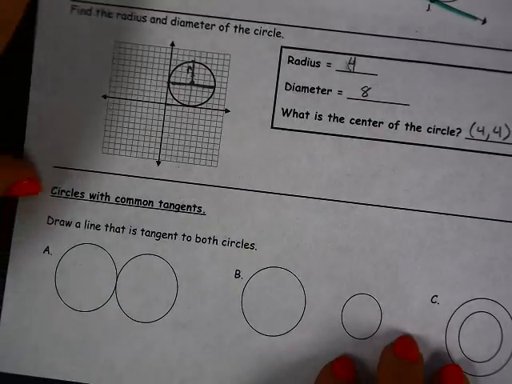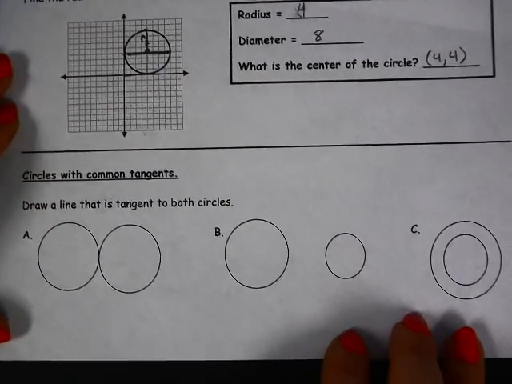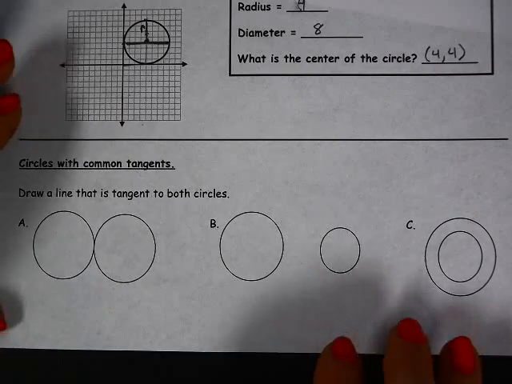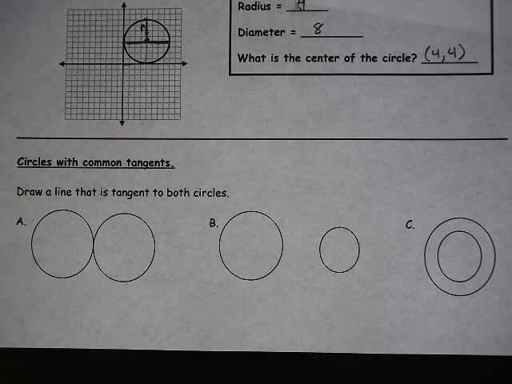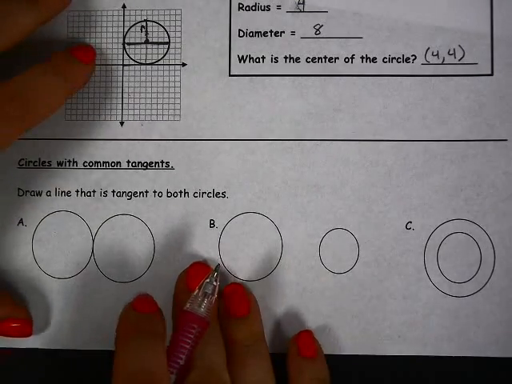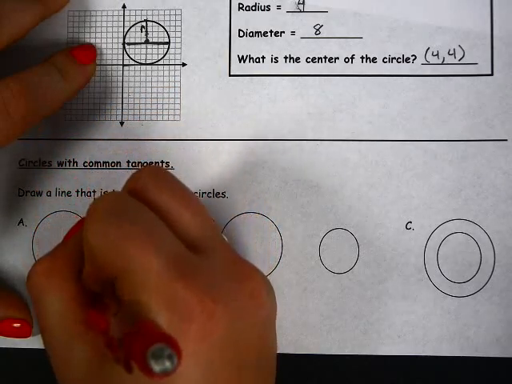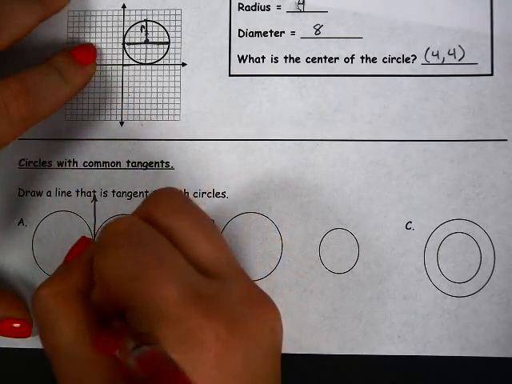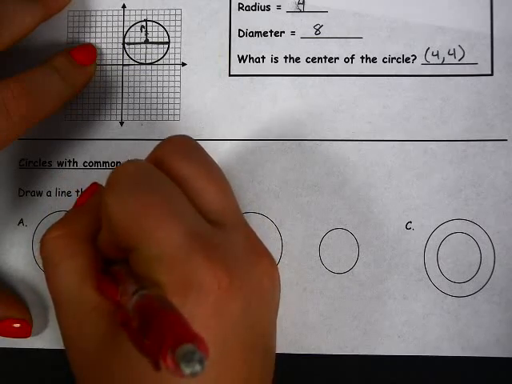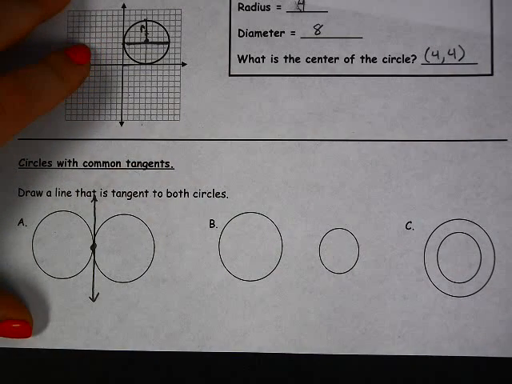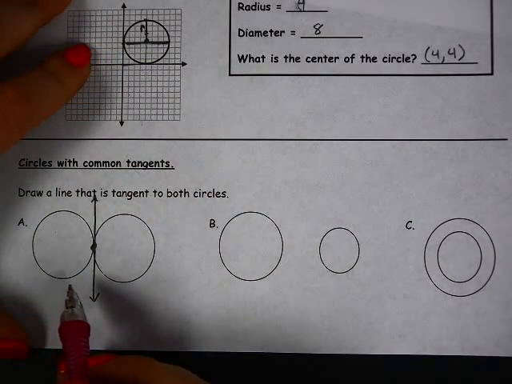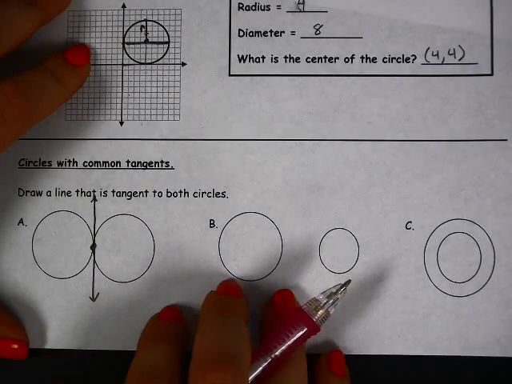And we're going to move on to circles with common tangents. And basically, circles with common tangents means that they share the same tangent line. So if I was to draw a line right smack dab in the middle of these two circles, it's going to intersect these circles at one point. And obviously these circles are a little squished, they look almost elliptical, but they are circles.